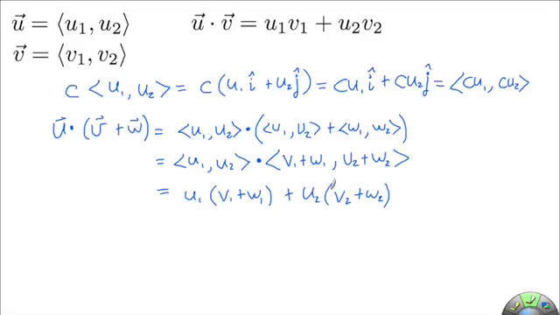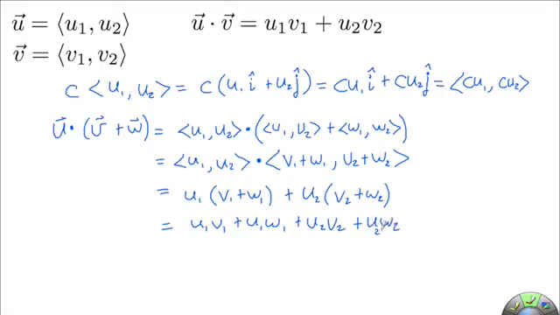And now this is all real numbers. After you're done with the dot product, everything turns into scalars. So all the scalar properties are going to work. Distribution. So we're going to get u1 v1 plus u1 w1 plus u2 v2 plus u2 w2.